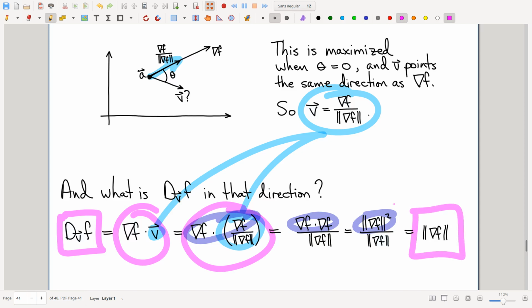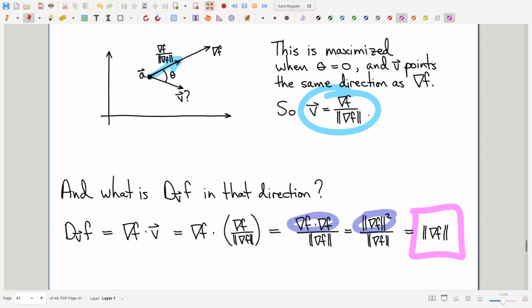And what I think is lovely about this sequence of questions is that if you look at these two answers that we have here, that's the answer to our first question: what's the direction of fastest increase? This is the answer to our second question: how fast is it increasing? Notice that both of these answers are gradient. This is the direction of the gradient.